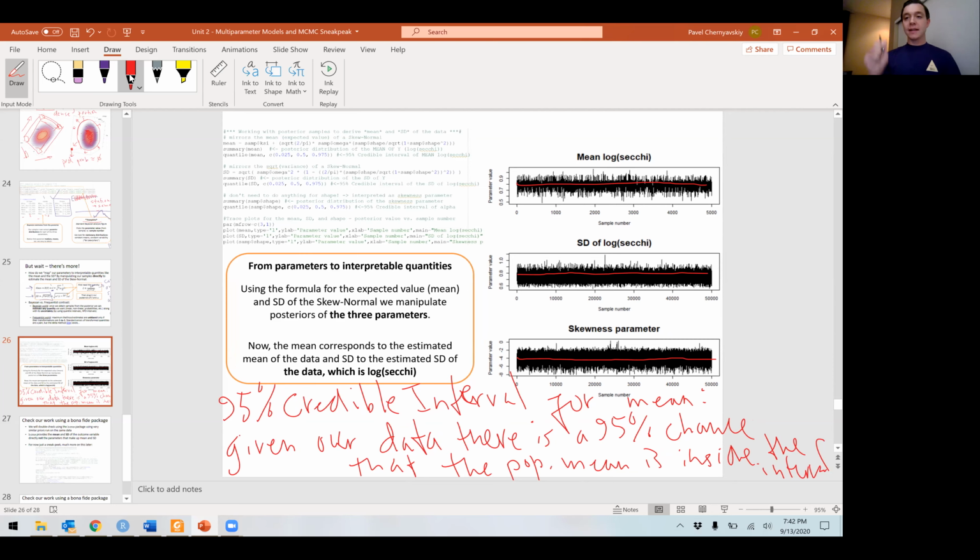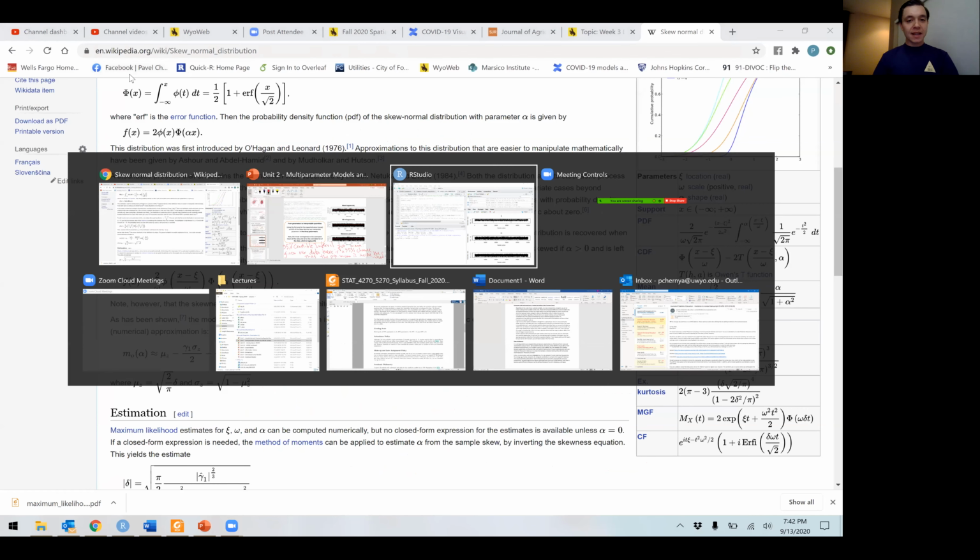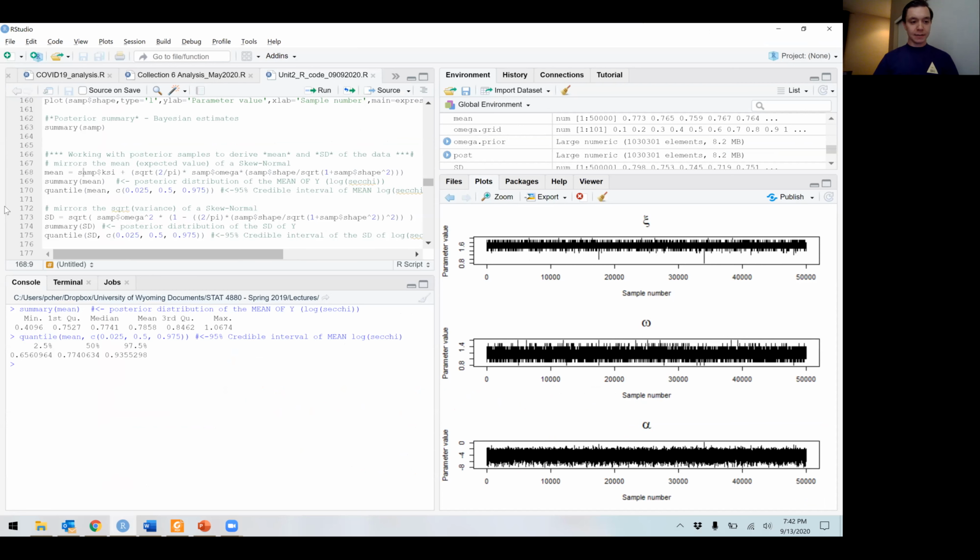That is different than a frequentist confidence interval, because I'm not saying anything about resampling data from these lakes. I'm saying that this interval from 0.656 to 0.936, there's a 95% chance that mean log seci is inside that interval. Here is my posterior median in that interval as well.